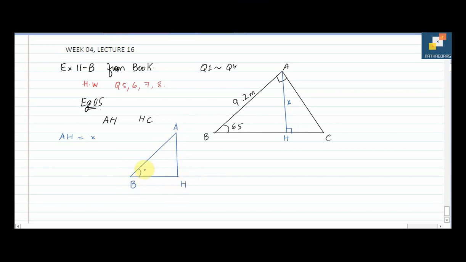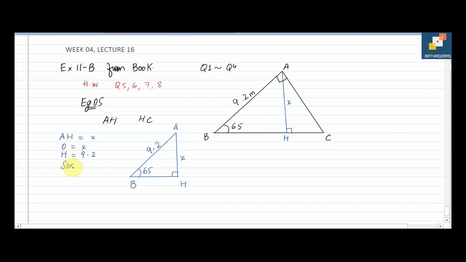So that is ABH, angle is 65, that is a right angle triangle, and this side is 9.2, and the value of AH is X. So X is basically opposite, and 9.2 is your hypotenuse, right? Applying sine here because opposite and hypotenuse come in sine.